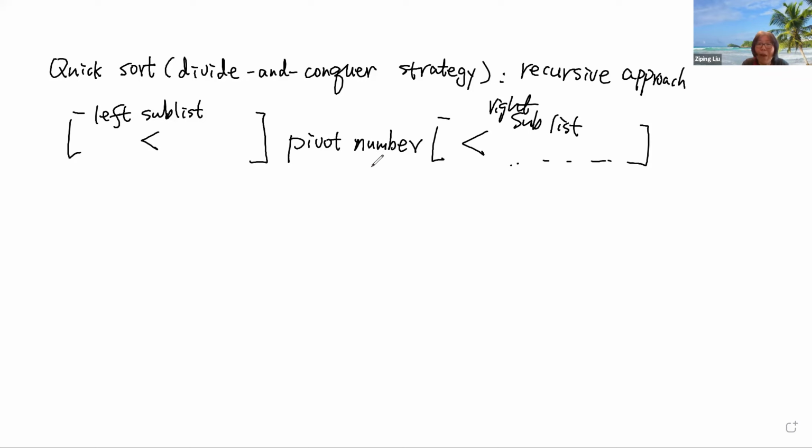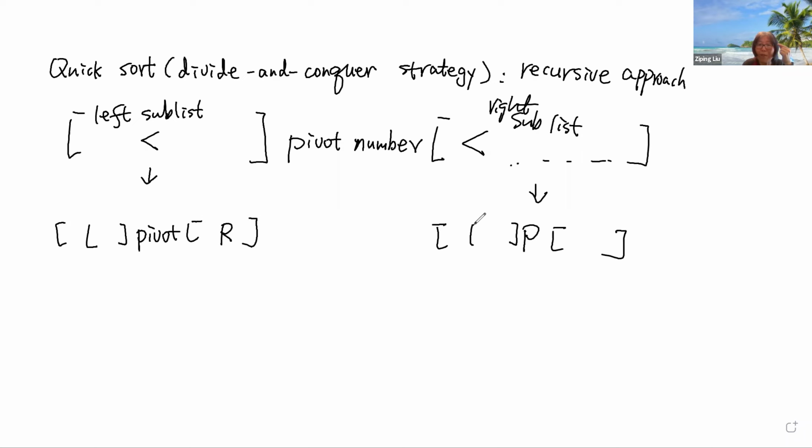Then we keep applying this concept to the left sublist and the right sublist. On the left sublist, you do the same thing: you find a pivot number, then you have a left sublist and a right sublist.